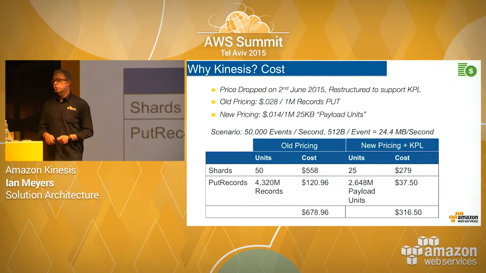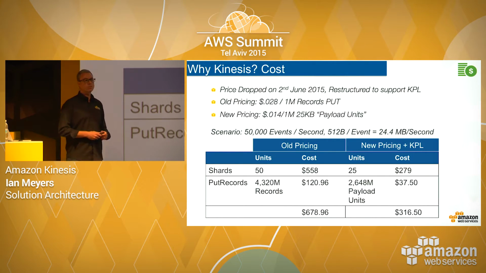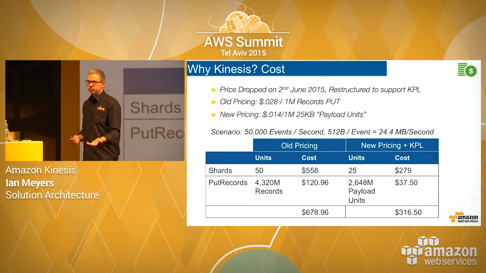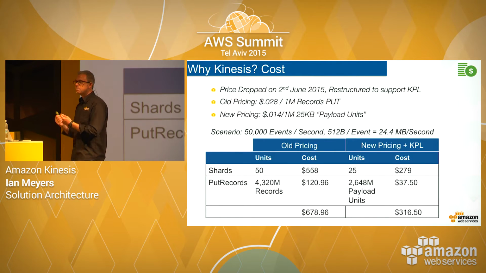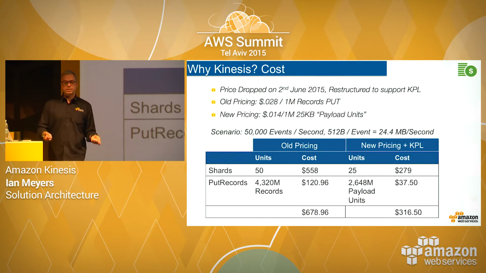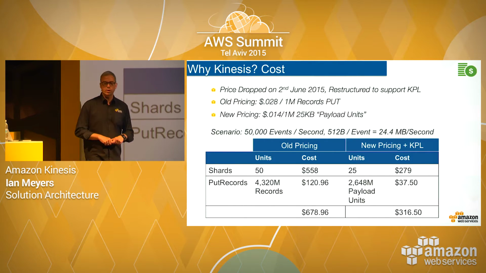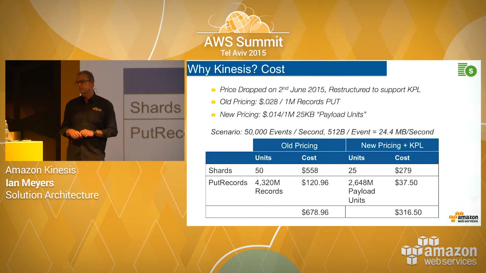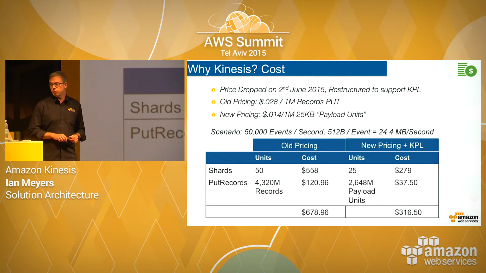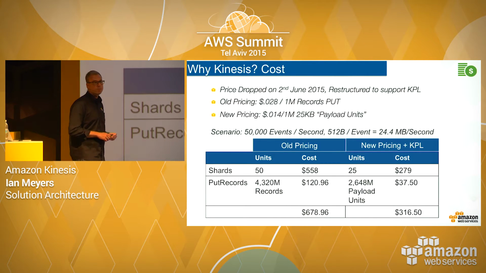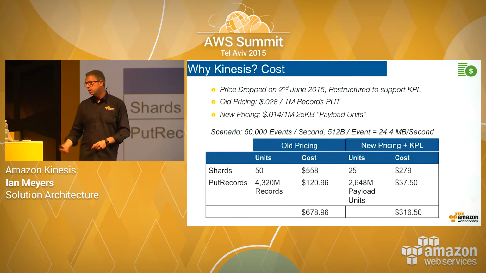It used to be that we charged you 2.8 cents for every million records you pushed onto Kinesis, but now when you're running the KPL with the aggregation feature, we're going to make much better use of that 1 meg of data. And so we've changed the pricing model to now be what we call payload units, or 25K blocks of data. And we dropped the price in half to 1.4 cents for every million payload units.